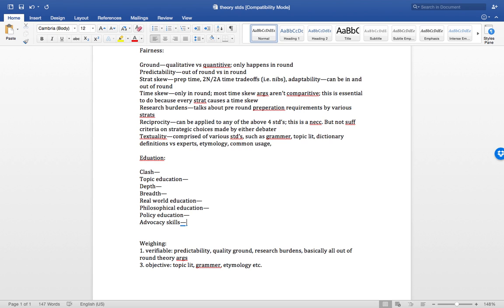So the way that these arguments work is they say that some strategy or argument that your opponent is making is harming that type of education.